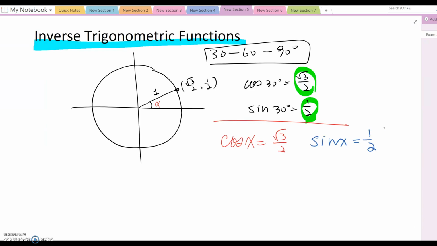Unfortunately, a trigonometric function is not a regular function. We cannot apply the regular inverse function formula this time. So what we do is use a special formula, which is arc.